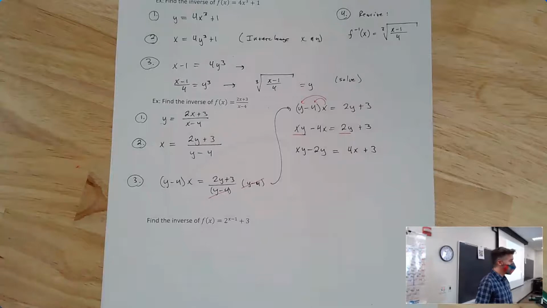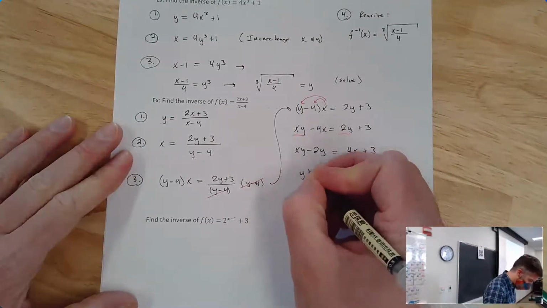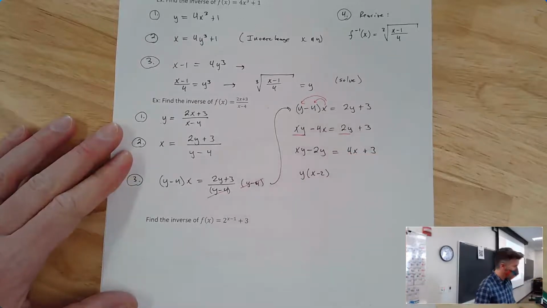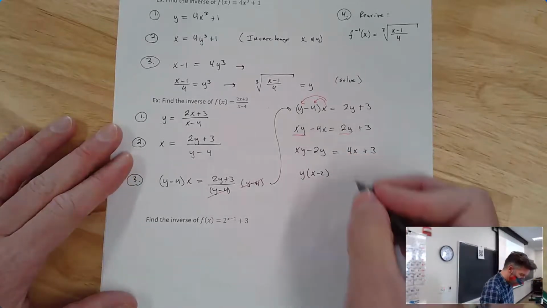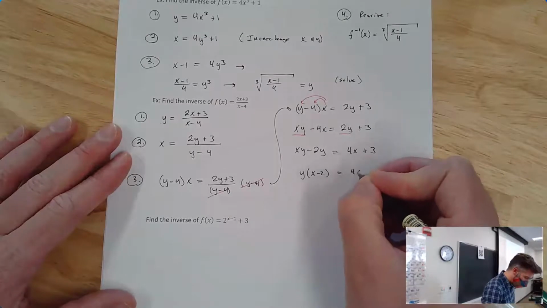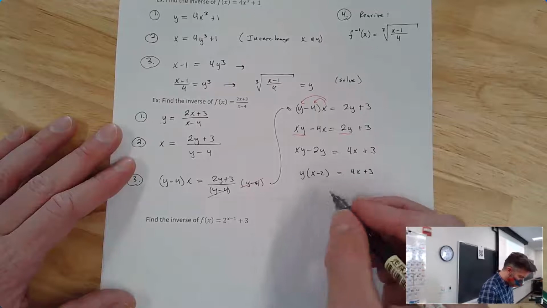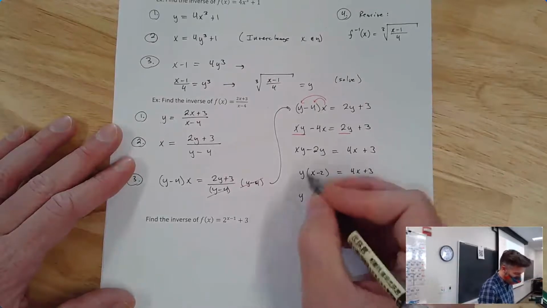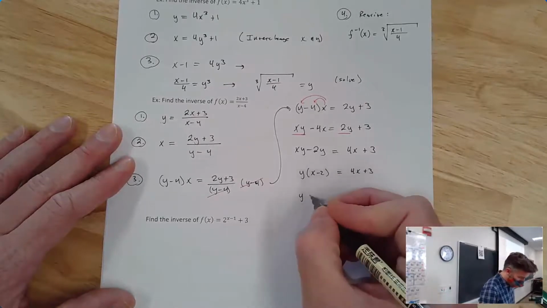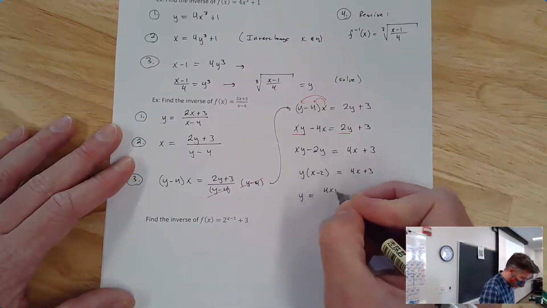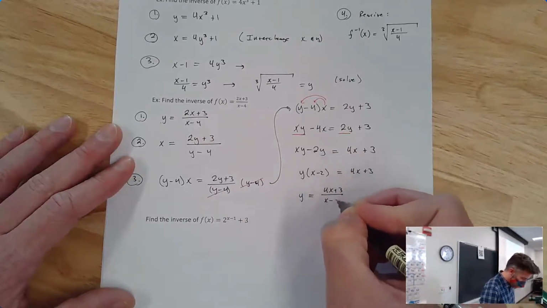The reason for doing that is so that we can factor out a y. So I'm going to factor out a y. And when I do that, I'm left with x minus 2, equal to 4x plus 3. And then finally, I can divide by what's multiplying y and get y equal to (4x plus 3) divided by (x minus 2).